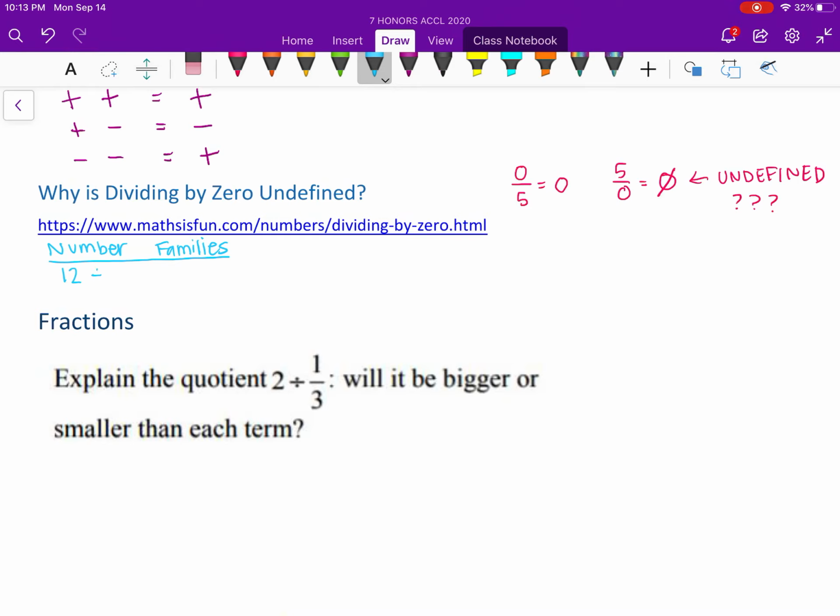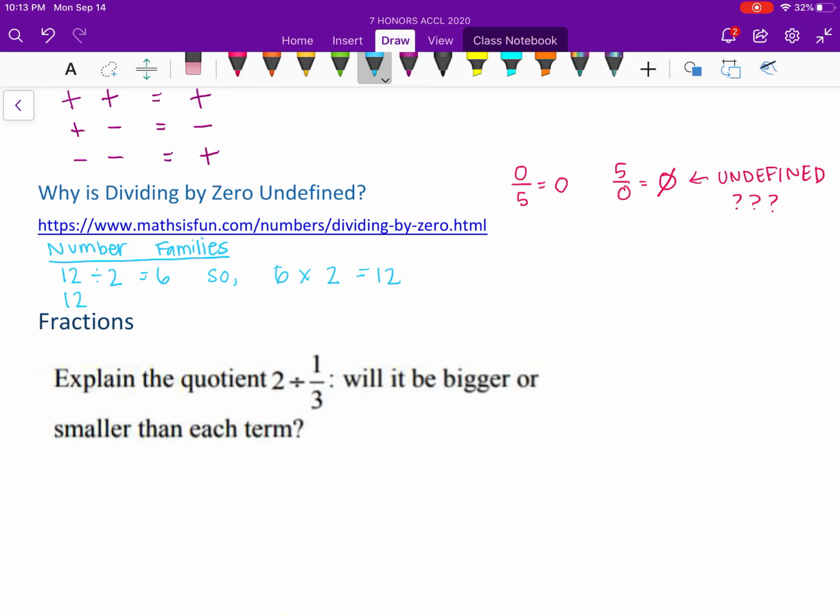So, for example, 12 divided by 2 is equal to 6, okay? So that means that the opposite is true. 6 times 2 is equal to 12.